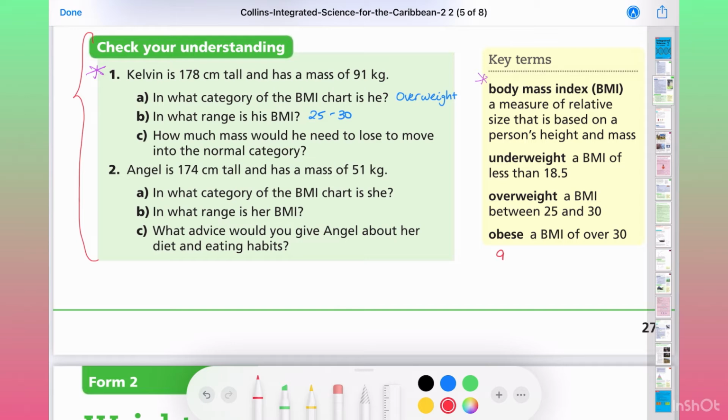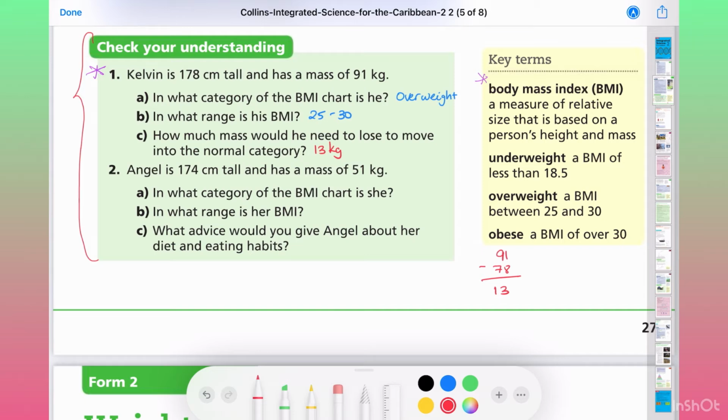It's gonna be the 91 kilograms that he currently is minus 78 where he needs to be. So he needs to lose 13 kilograms in order to move into the normal category.